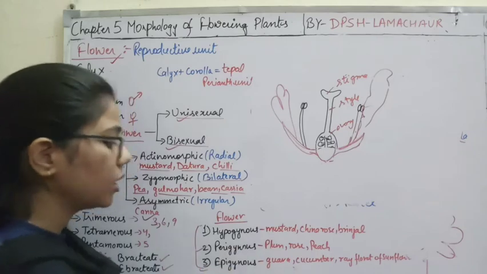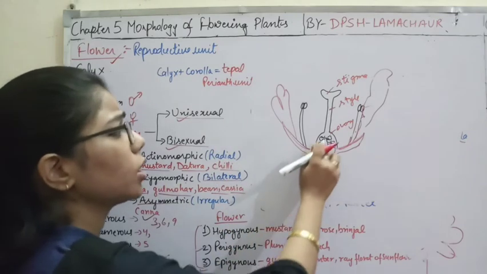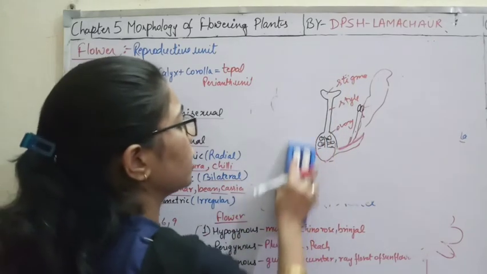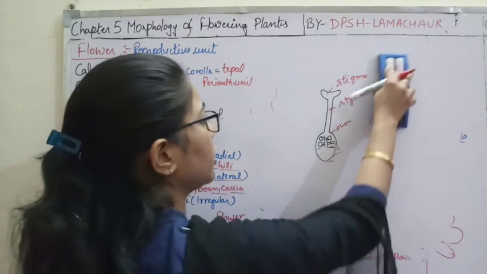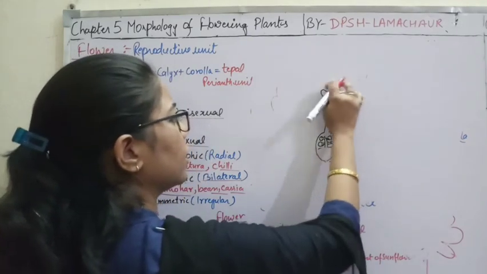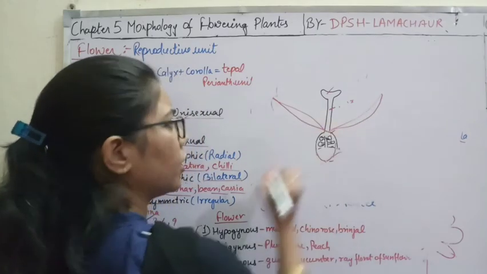And the third condition is epigynous. Epi means everything is situated above the ovary. So how will the diagram change here? If the ovary is here, you can see that the thalamus will start from here.